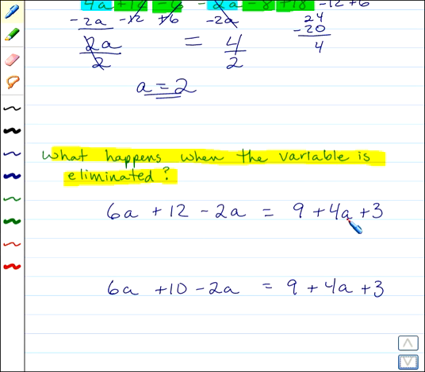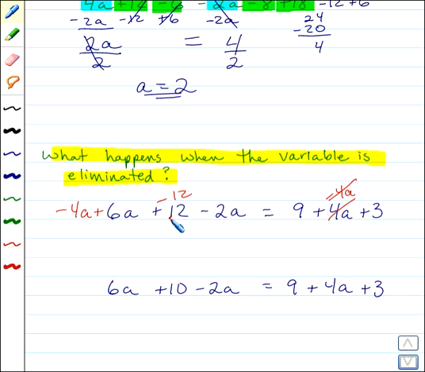Well, first of all, our steps, we have no parentheses here. But even if we did and we ended up with a problem like this, I would need to bring this 4a over. So minus 4a, that would cancel it here, which gives me a minus 4a here. Okay, and that's a plus 6a, so I'm just going to write it there. And I would need to subtract this 12 and move it to this side.